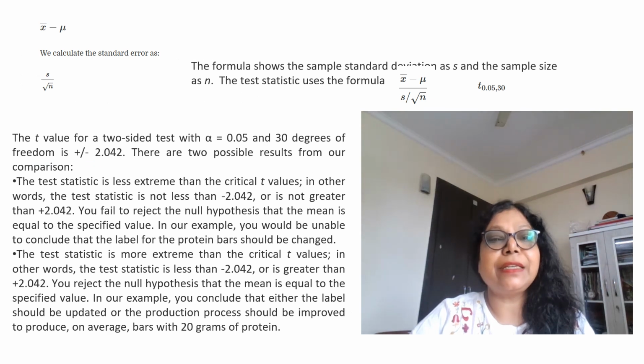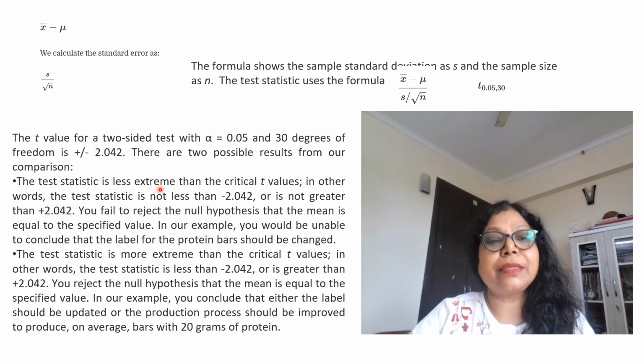As we have seen, we calculate the average for the sample and then calculate the difference with the population mean, that is x bar minus mu. And then we also calculate the standard error as standard deviation upon under root n. So the test statistic formula is t equals x bar minus mu upon s upon under root n.